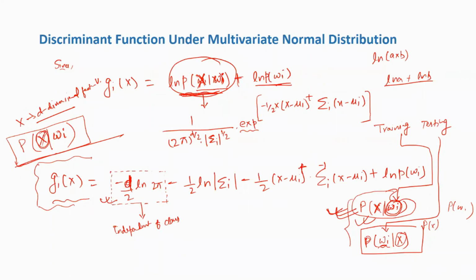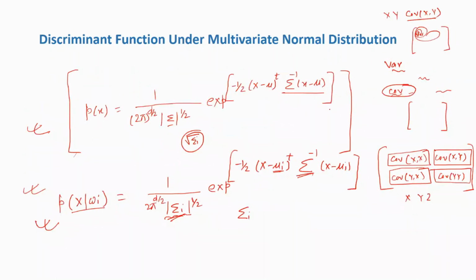And since this feature vector x is not a simple linear regression with one independent variable and one dependent variable, it's not like that. We will be having multiple features. And that's why I'm saying this x belongs to a d-dimensional feature vector. And in that case, we are not interested in finding the variance.